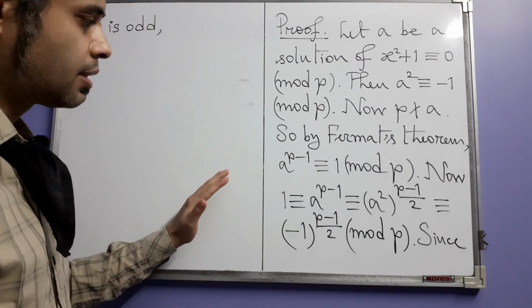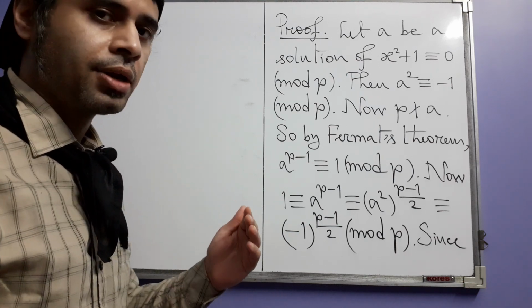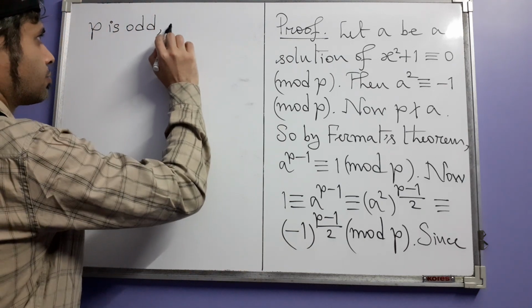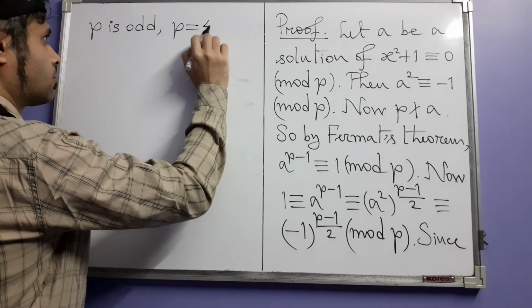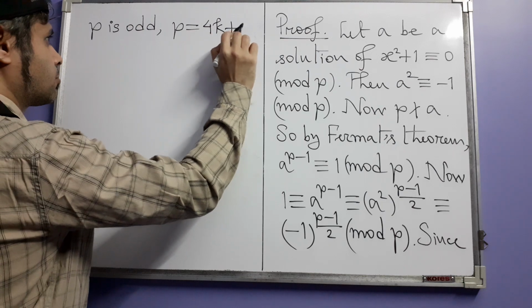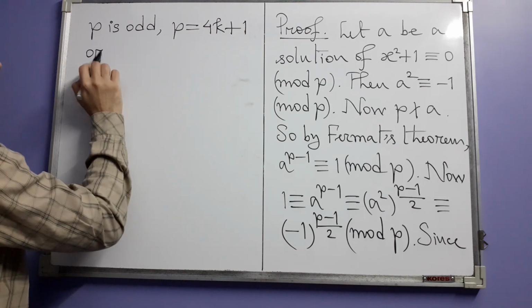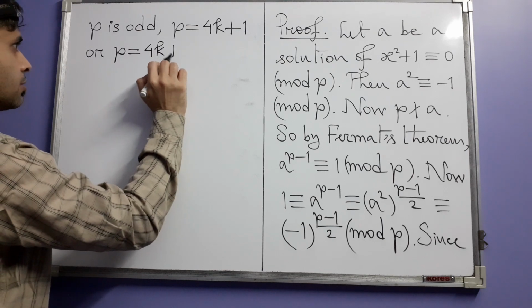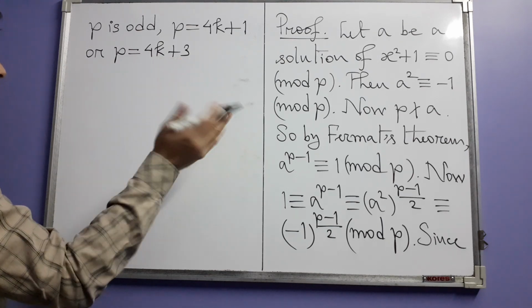That means p is either of the form 4k plus 1 or 4k plus 3, where k is an integer, that's understood.